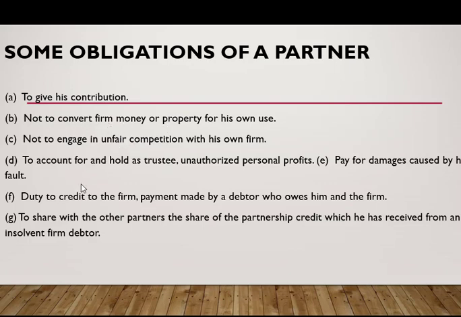As well, he must account for and hold as trustee any unauthorized personal profits, those profits which are derived without the consent of the partners. If you have acquired such, you are just a trustee holding it on account for the partnership. You have the duty to credit to the firm payment made by the debtor who owes him and the firm. There are corresponding rules as well to that.